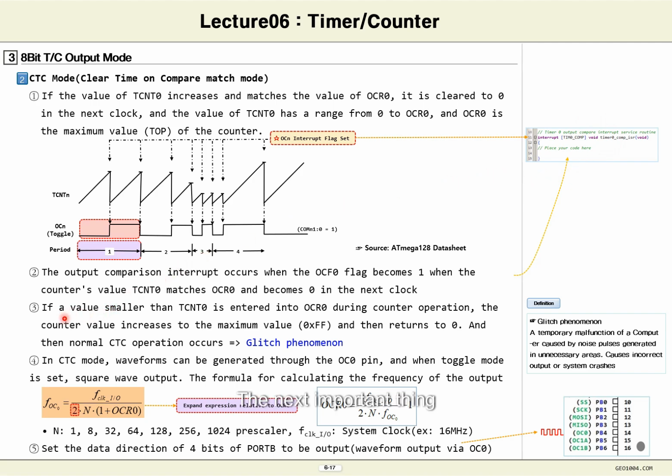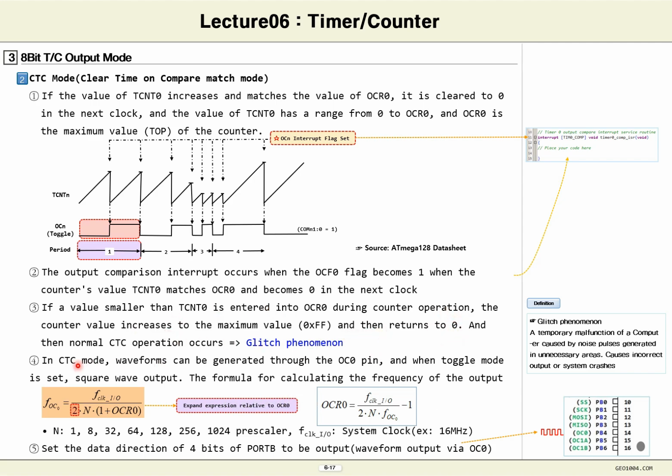The next important thing is when the value of TCNT0 is compared with the value of OCR0. If the OCR0 value is suddenly set lower than the TCNT0 value, the counter value will increase to the maximum value of 0xFF, and then it changes to 0.